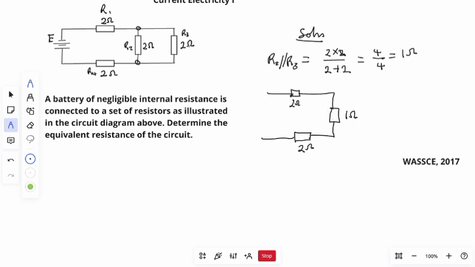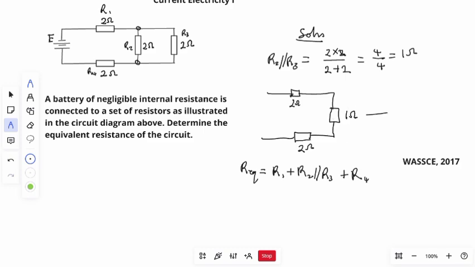So now that we have evaluated the parallel connections, you can see that these three resistors now are in series, so the equivalent resistance will be R1 plus R2 parallel R3 plus R4.